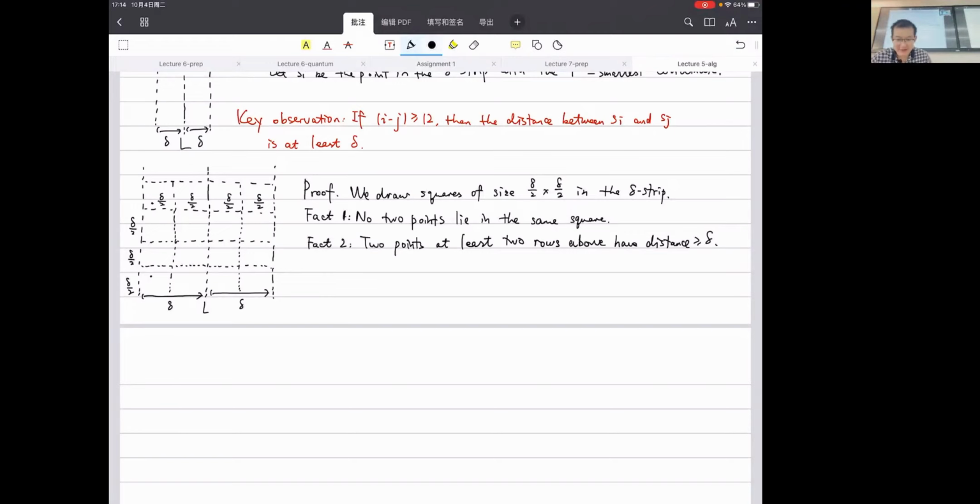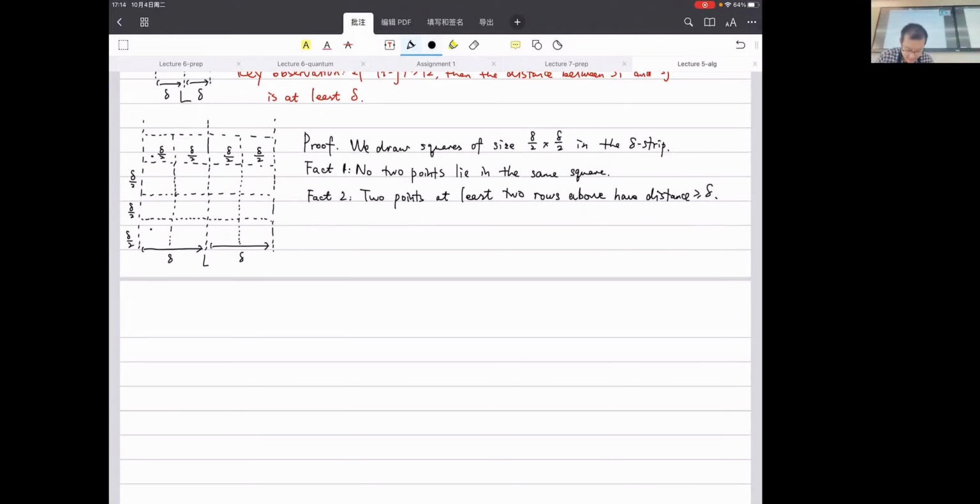But this gives us the conclusion here, because each layer has 4 squares, and looking above, at most 3 rows are relevant.